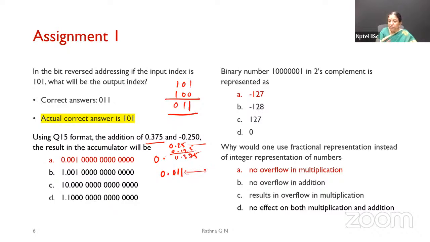And minus 0.250. In the positive form this is 0.01. For the negative, I have to take the 2's complement and then add it.